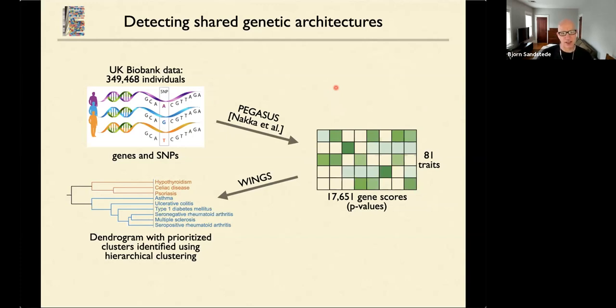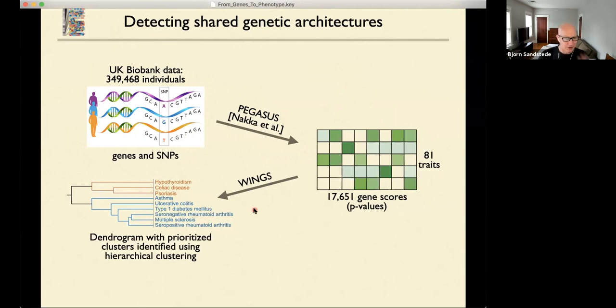So one has to be very careful in creating these gene scores and p-values to not over- or undercount mutations, because there might be correlations between those, and you have to take those correlations into account. So that's the first step: Pegasus is this algorithm that allows us to get these gene scores for each of the 81 traits.